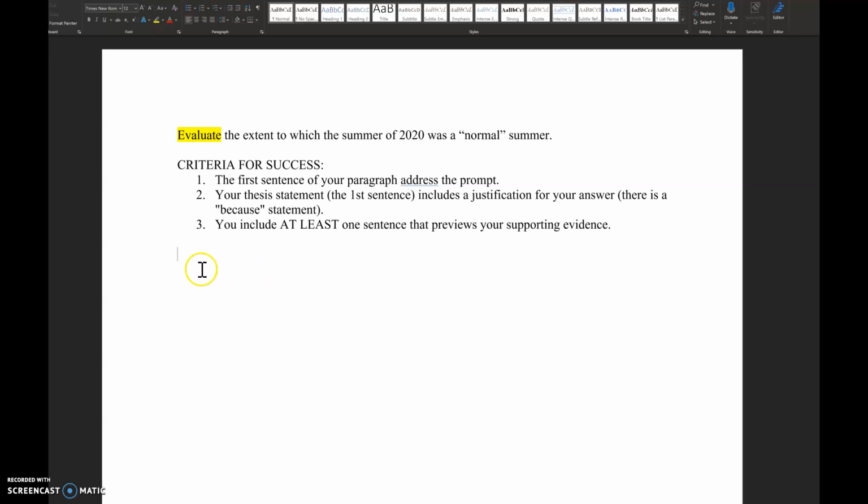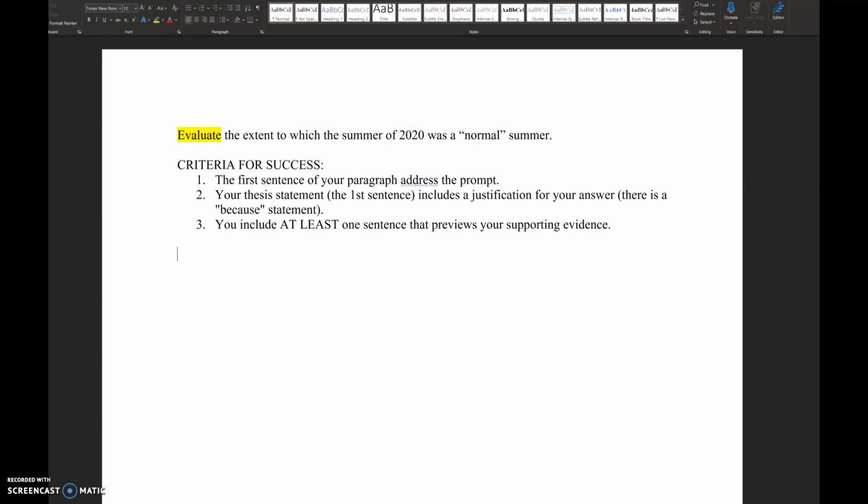That's really all they mean when they say evaluate. Just take a position on this thing. In this case, our prompt is: evaluate the extent to which the summer of 2020 was a normal summer.